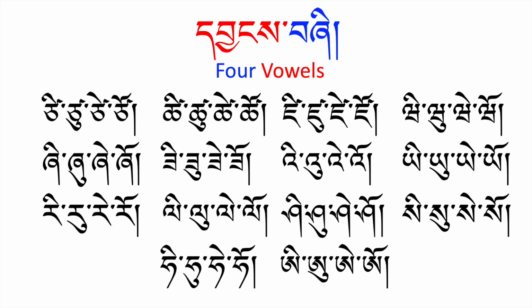This is a great way of learning and remembering the four vowels. I hope this will be helpful for people who are really beginners. In the previous video I didn't have the chance to explain, so now I got an opportunity to explain this here, and hopefully it will benefit the people who are learning slowly.